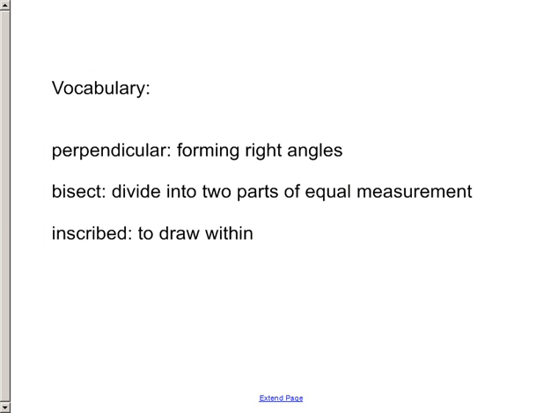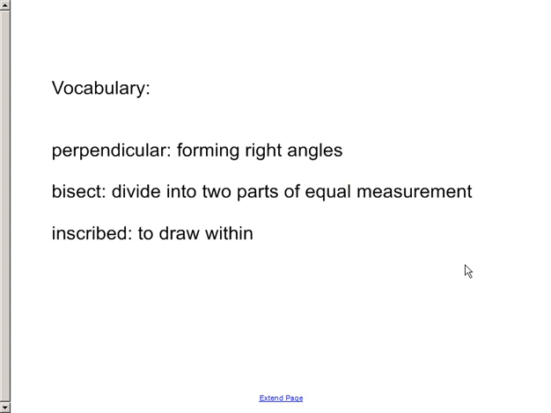the word perpendicular means forming a right angle. So we often draw perpendicular lines like this: straight, vertical, horizontal, and they form right angles. To bisect a line segment or an angle means to divide it into two parts, and the two parts have equal measurement.